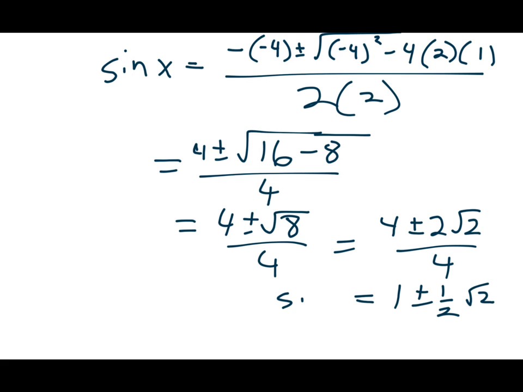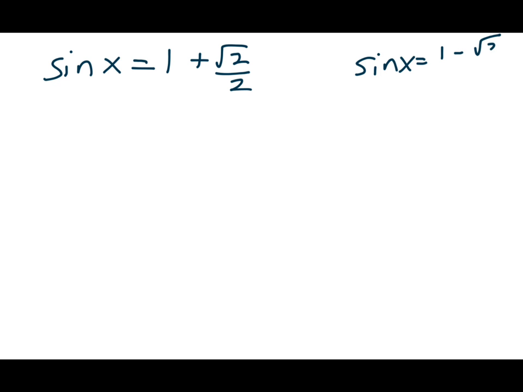And that's what sine of x is. Okay? So I have sine of x is equal to 1 plus the square root of 2 over 2. And I have sine of x is equal to 1 minus the square root of 2 over 2.